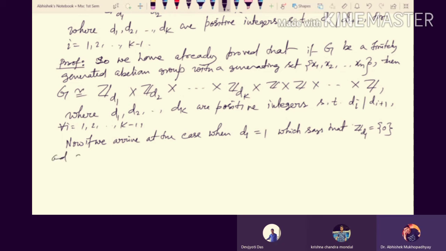And we shall drop this factor because this will not harm the product up to isomorphism.